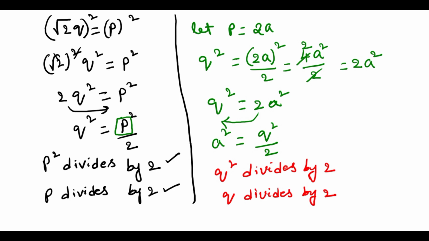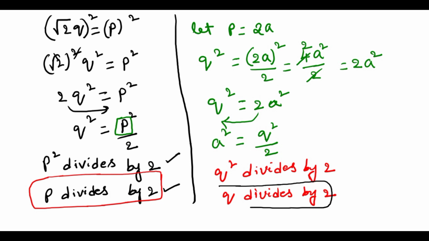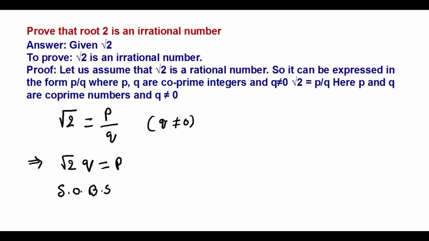Here we proved p is a multiple of 2, right? P divides by 2 means p is the multiple of 2. Now q divides by 2 means q is a multiple of 2. So finally p and q have a common factor, that is what? 2. But already you can observe here, we have taken p and q as co-prime numbers.